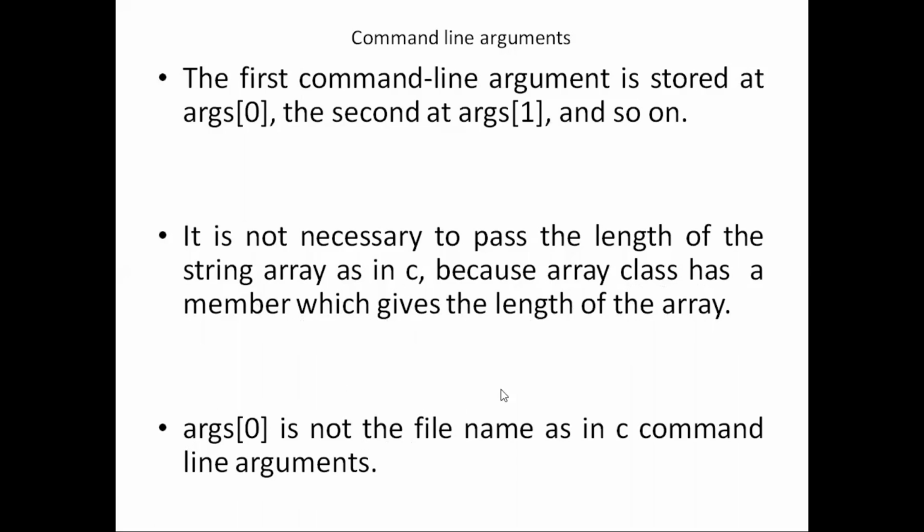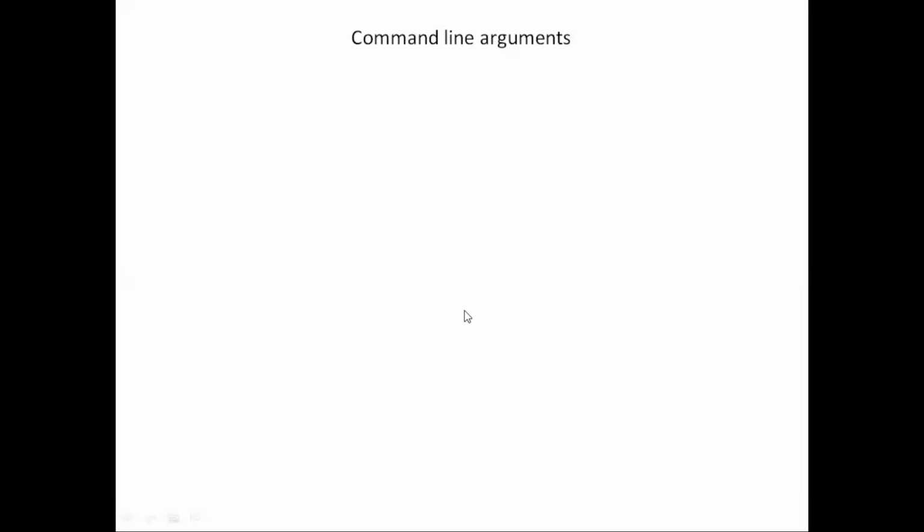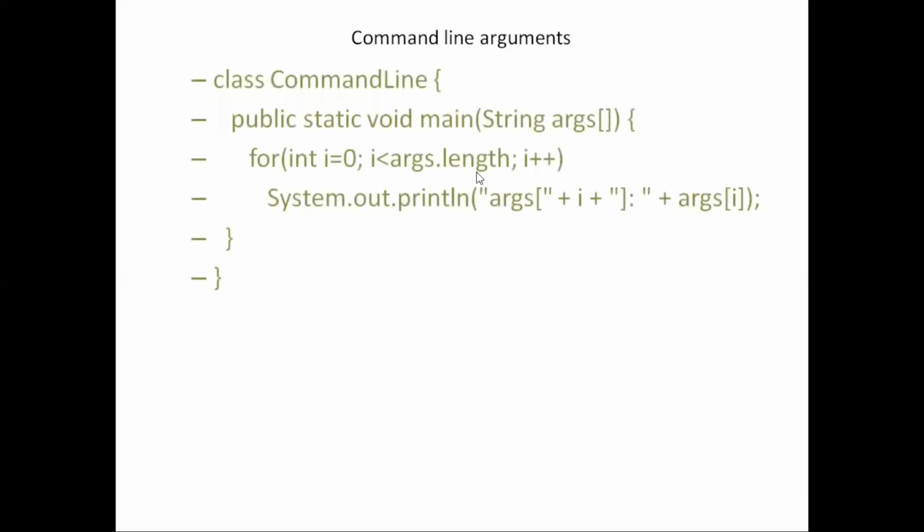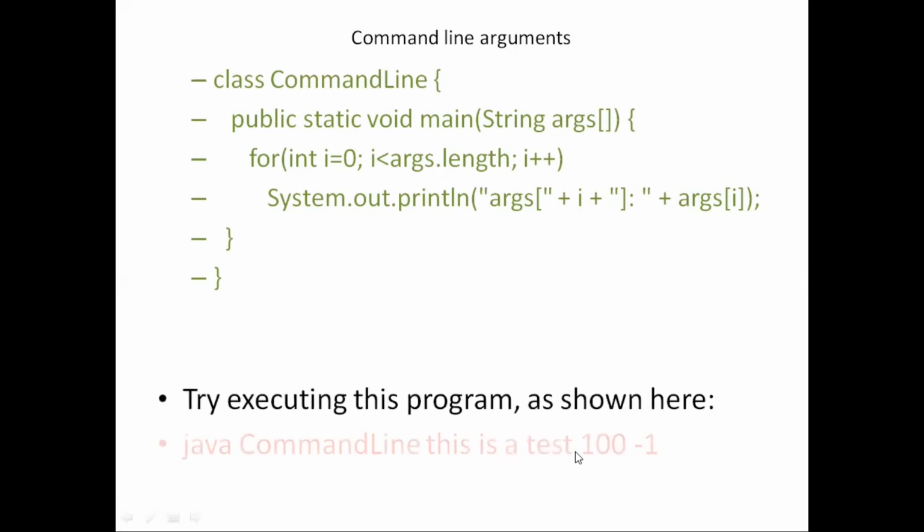Whatever argument I write first, like 1, that is args[0]. But in C, args[0] is the file name. This is the simple example we have seen. We can print the elements as we want. While we execute this program, after java and the file name, we should pass some arguments. This is about command line arguments.